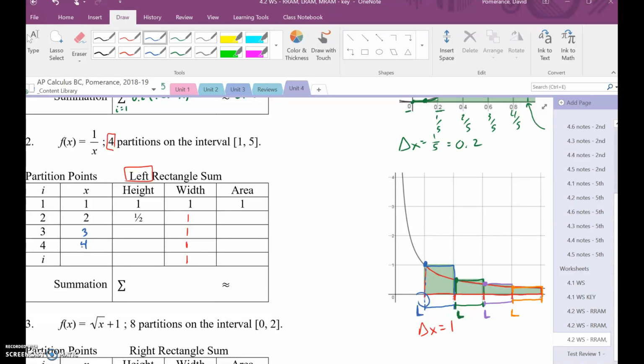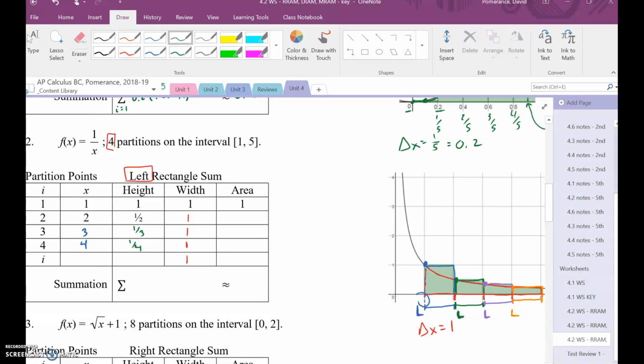Where do the heights come from? The heights of the rectangles, again, are determined by the function that we're given. This function is 1 over x. So we're just going to use our x value, and we're going to evaluate the function at each of those x values. So we've got 1 over 1 is 1, and 1 over 2 is 1/2, and 1 over 3 is 1/3, and 1 over 4 is 1/4.